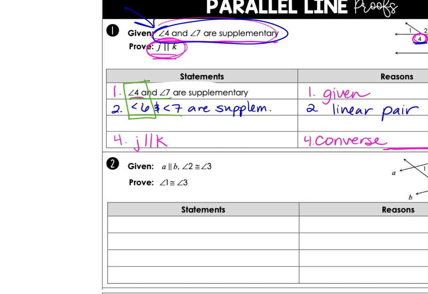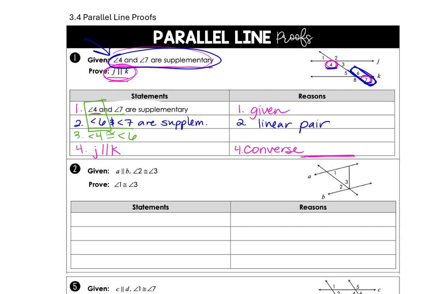Daniel. Those two angles, if they're supplementary to the same angle, then they are congruent to each other. So your third step is to say angle 4 is congruent to angle 6 by the congruent supplements theorem.